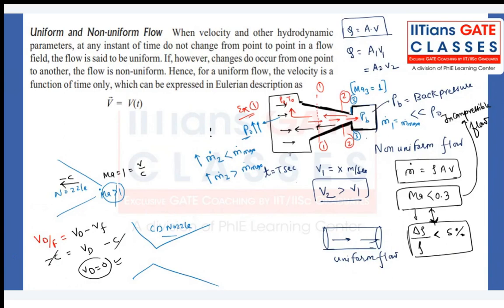But my question is, even though P naught has been increased, now tell me, that will give you a temptation that mass flow rate is rho A V2. So you might be thinking, sir, if mass flow rate is increased, velocity might increase to such a high value that I can achieve more than Mach number 1. Now tell me whether it is possible or not. Still, back pressure is constant, but I am increasing the P naught.